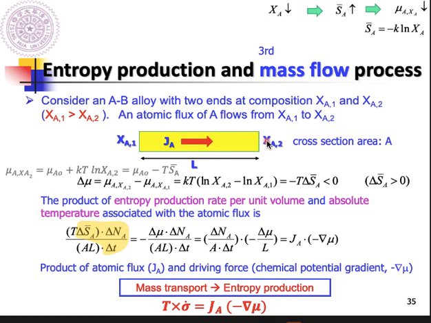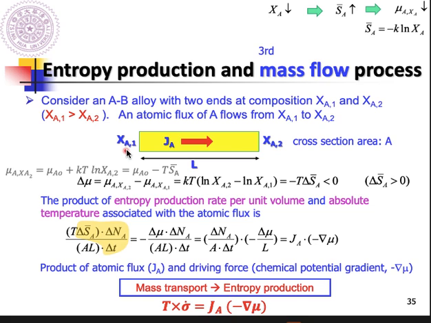The third case is a mass flow process, or what some people call diffusion in solid materials. In the beginning, you have a heavy alloy with varied concentration. That means there is a concentration gradient between location 1 and location 2.